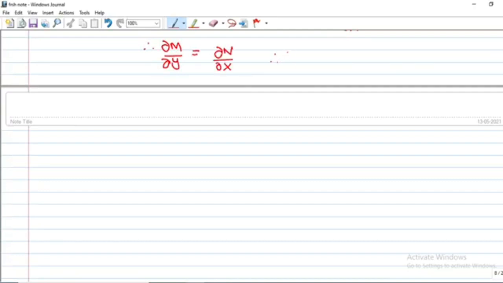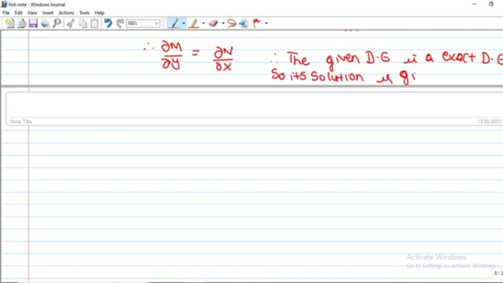You can say therefore the given equation is an exact differential equation. So its solution is given by, how can you give its solution?